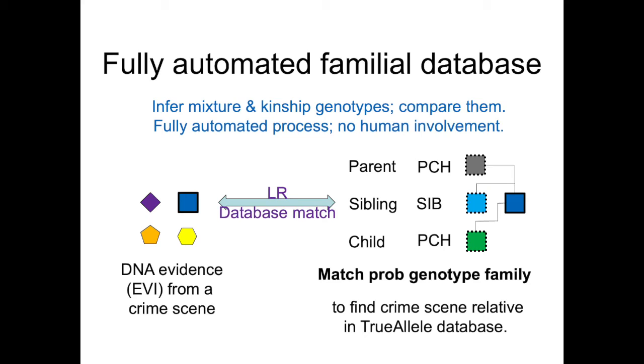And then comparison can be made automatically between the evidence genotypes and the family genotypes in order to determine database matches producing statistical likelihood ratio numbers in order to find the relatives of people who've left their DNA at crime scenes in the TrueAllele database.